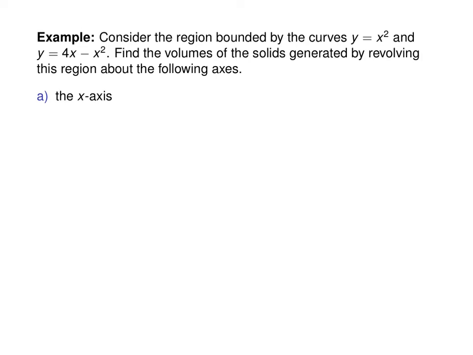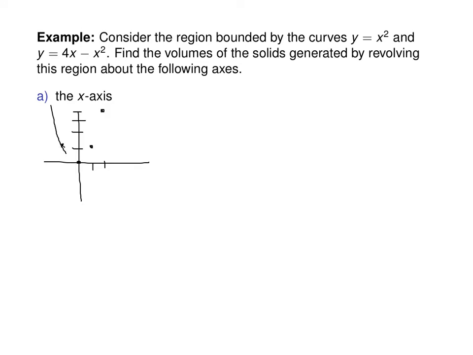Next, consider the region bounded by the curves y equals x squared and y equals 4x minus x squared. Find the volumes of the solids generated by revolving this region about the following axes. So first, the x-axis. y equals x squared goes through the points (0, 0), (1, 1), and (2, 4), and of course has symmetry about the y-axis.